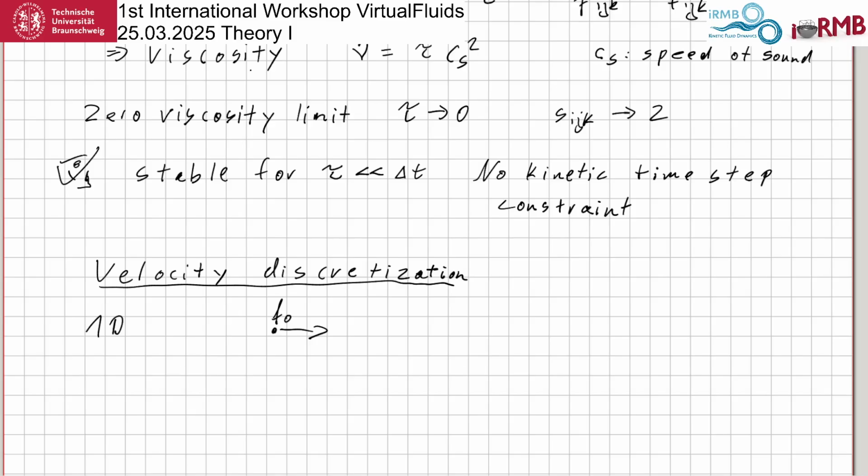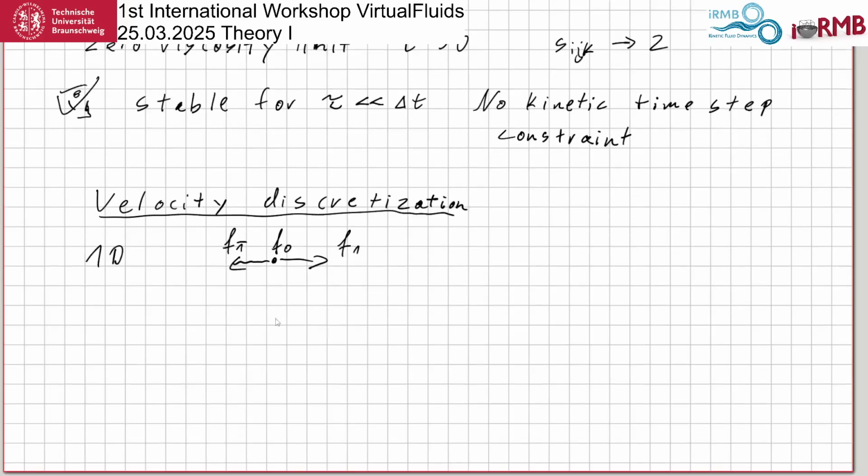Then we have one going right, which is F1, and one going left, which is F minus 1. And now we expand this.